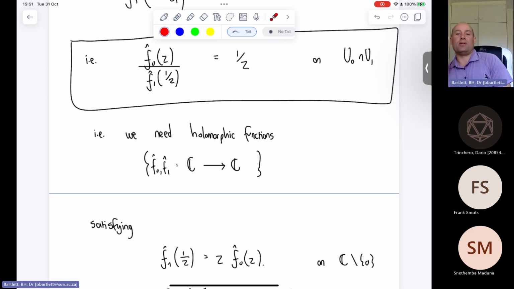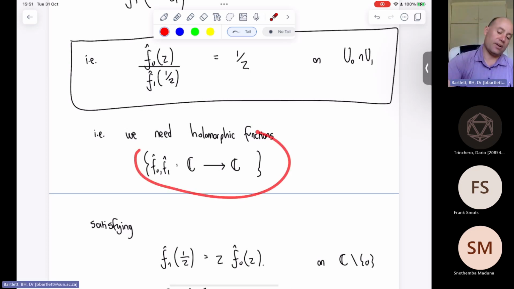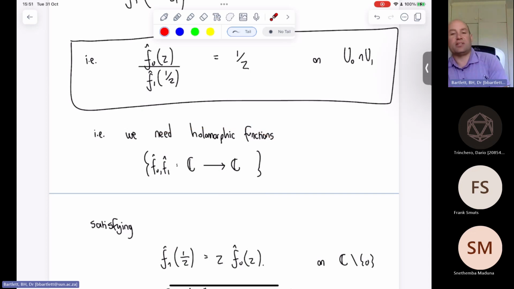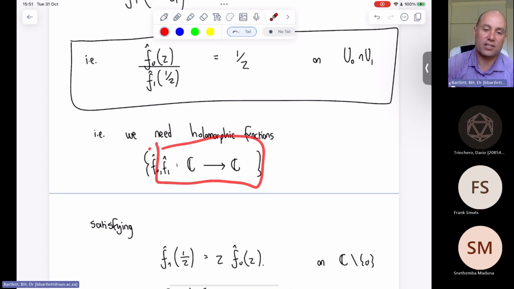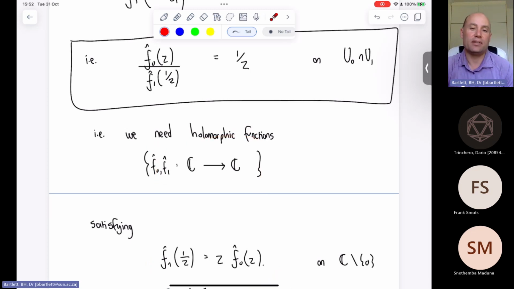Okay, so run through that argument yourself. At the end of the day, I hope I haven't made an error there, but this is what such a holomorphic section of the tautological bundle would correspond to. So let us try and find these functions, f0 hat and f1 hat, satisfying this equation. Well, since I've got a holomorphic function defined on the entire complex plane, it must be expandable as a Taylor series.